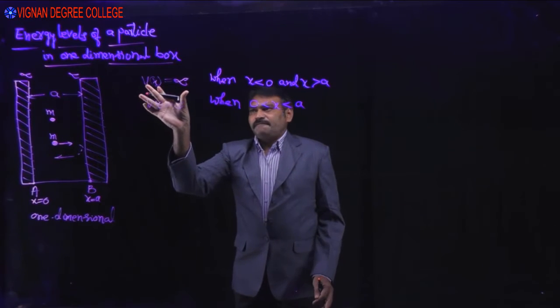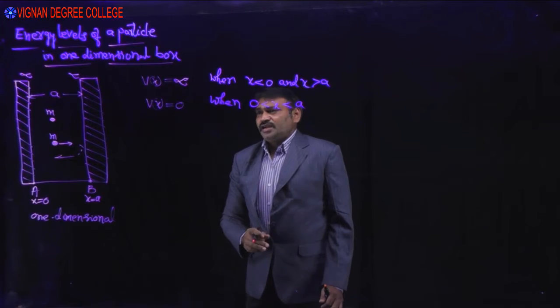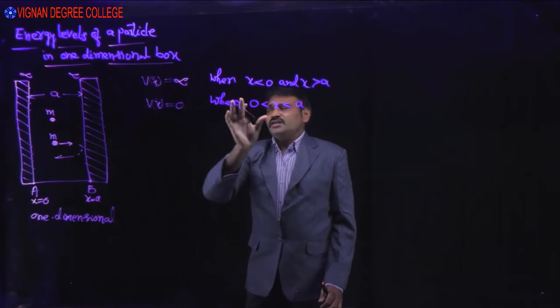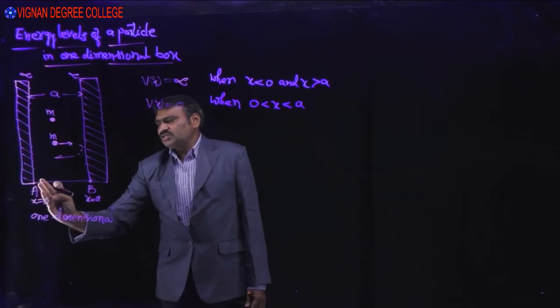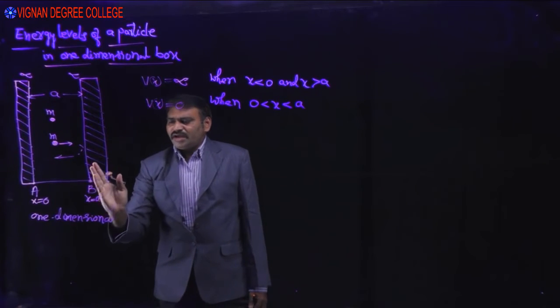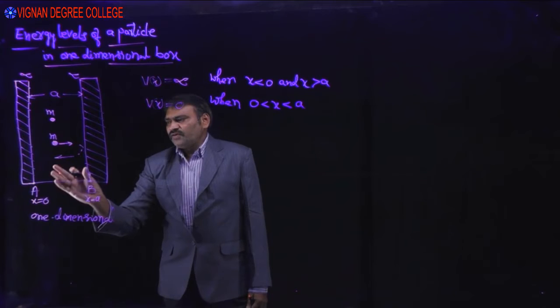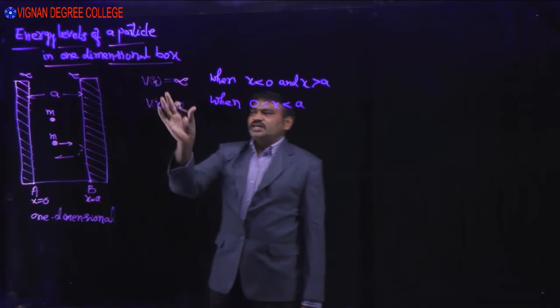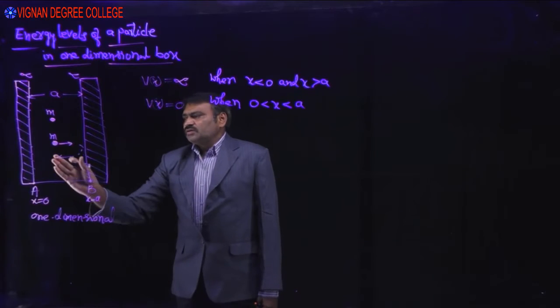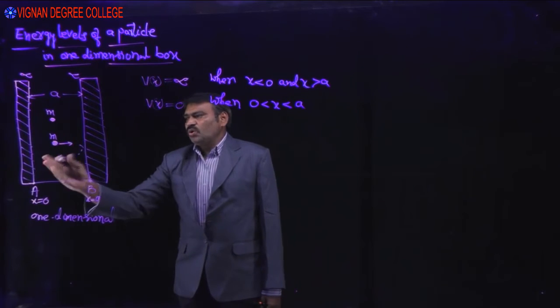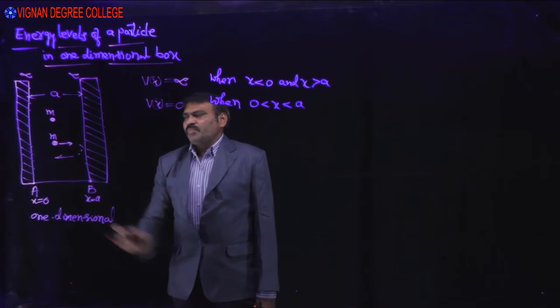The potential energy is infinite when the particle is beyond the walls, that means x is less than 0 or x is greater than a. Only if it has infinite potential energy can it penetrate through the walls. Here in this case, it has no penetrating power.